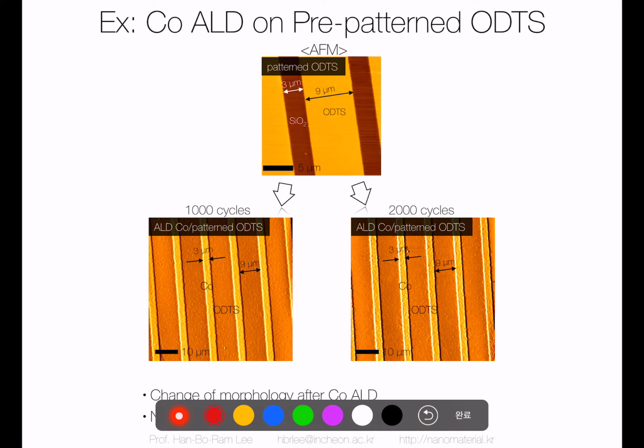We have an ODTS SAM on a silicon substrate, with a pattern made by typical photolithography. After cobalt ALD for 1000, 2000 cycles, this is the AFM image. In the ODTS-coated area there is no cobalt, and only the silicon area has cobalt, because the contrast is oppositely changed. So that is selective deposition of cobalt using surface treatment.